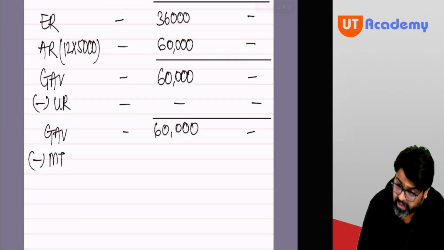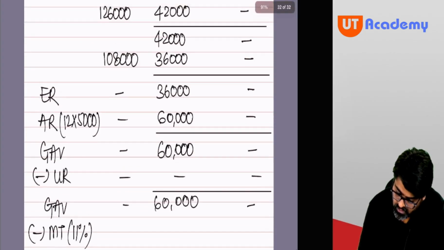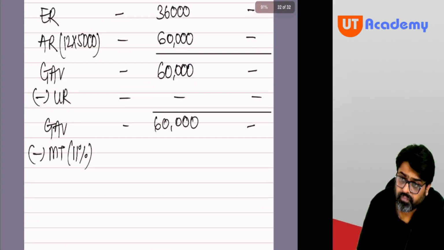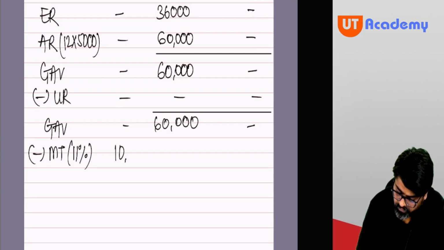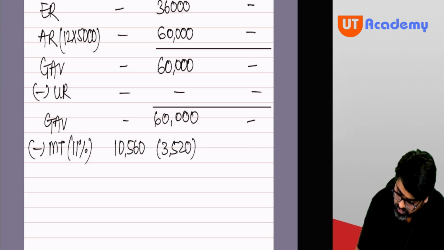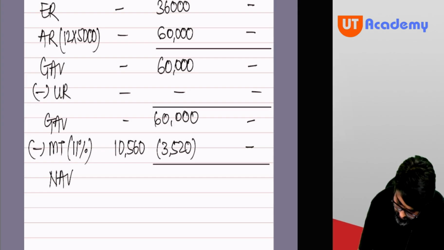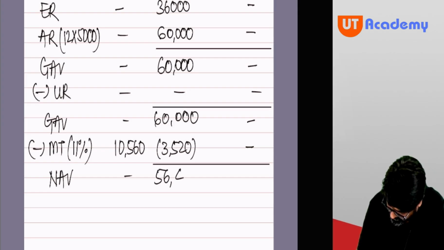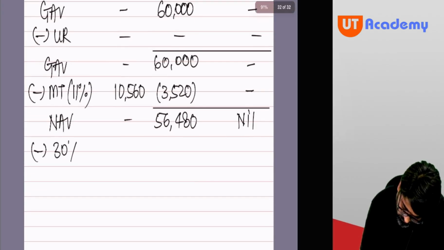How much municipal tax is paid? 11% of 96,000. 10,560. Are you telling me the total? 1/3 of it, 3,520. Now tell me, what is the NAV? 56,480, and here it will be nil. Yes or no? Minus 30%.